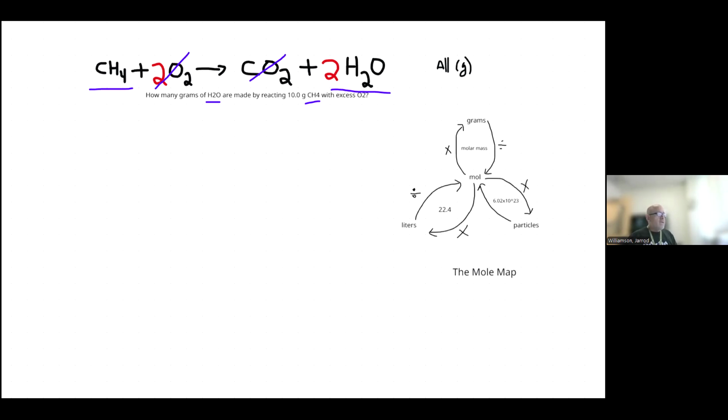What I've taught you before for balanced chemical equations is that these chemistry recipes are always in moles. So this means 1 mole of methane will produce 2 moles of water.